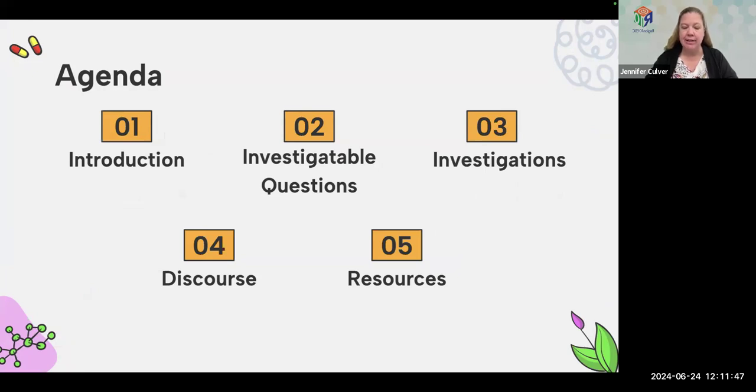In each of these areas, we will talk about what it looks like and how to use these areas to meet the needs of our gifted and talented students. Finally, we will wrap everything up with some additional resources, some reflections, and some steps that you can take to immediately implement in your classroom. So let's get started.